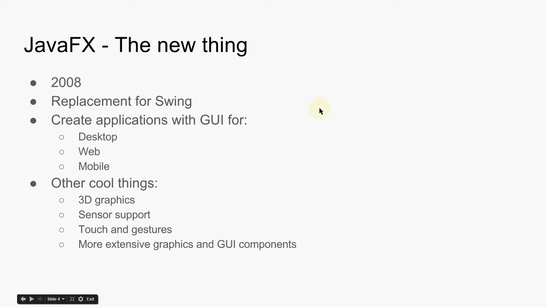JavaFX is the new thing, and it's basically Swing's replacement, and that was released in 2008. This is the new and recommended way to go about making a graphical user interface with Java. If you notice the time gap between 1996 and 2008 and now, we've introduced mobile phones, and a lot more things have web front ends rather than just being desktop applications.